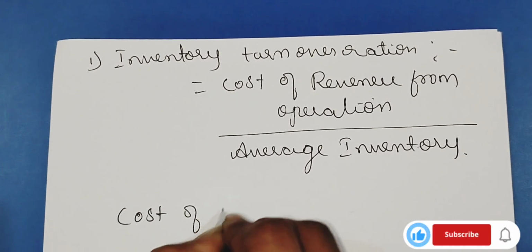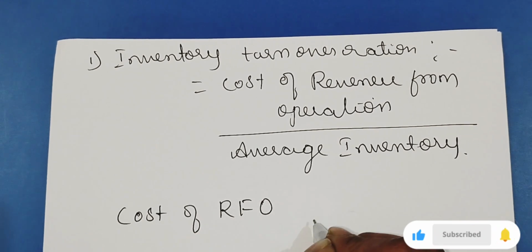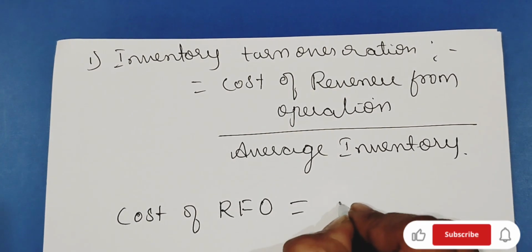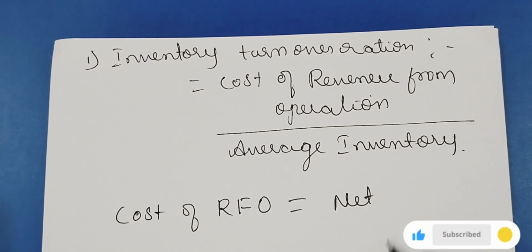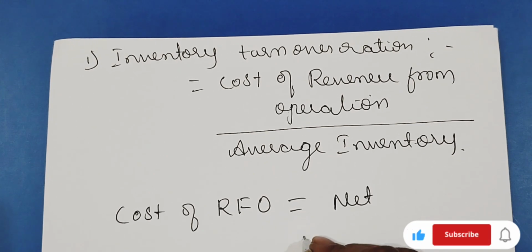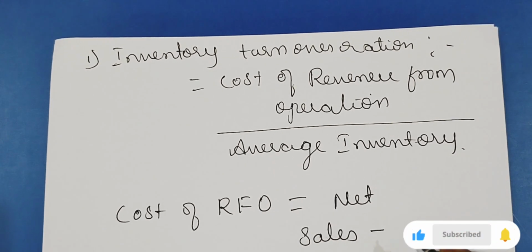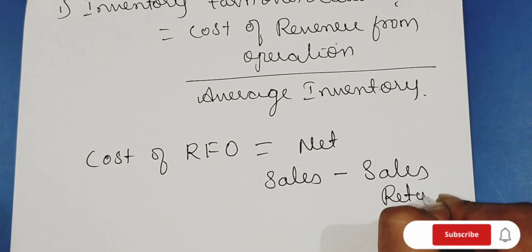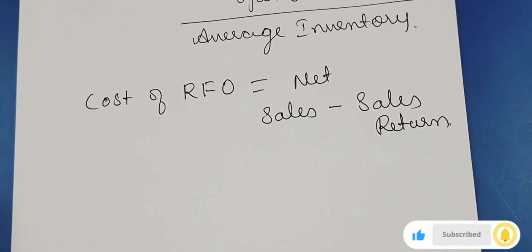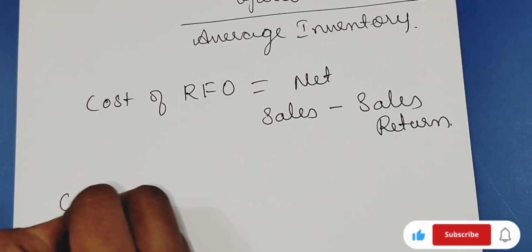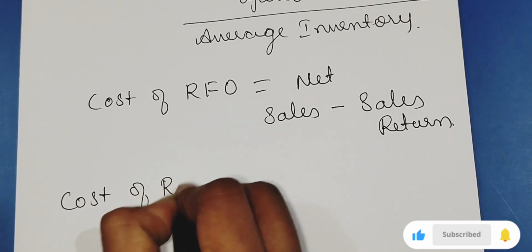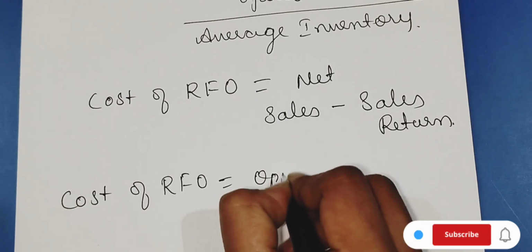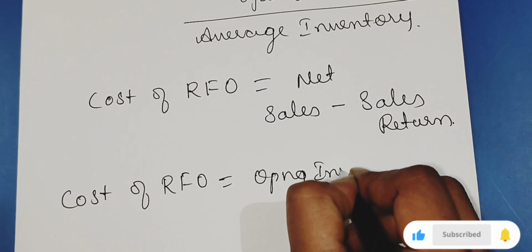RFO means revenue from operations, that is net sale. How we are calculating net sale? Total sales minus sales return.